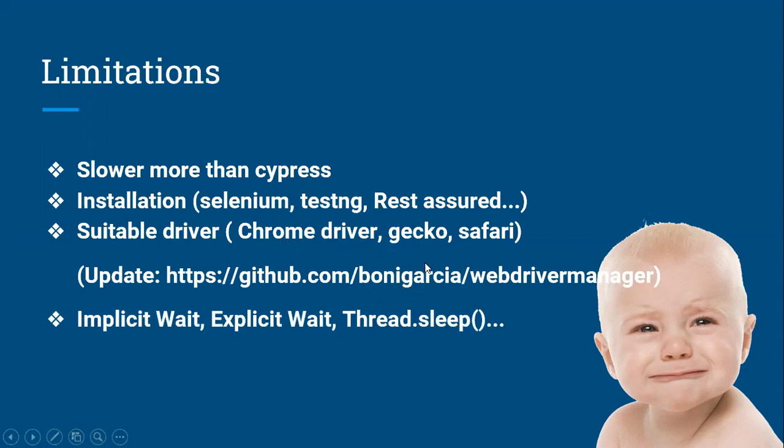So the next one, with Selenium, you have to fully understand implicit wait, explicit wait, thread sleep, right? And it has flaky tests. I mean, the test script is unstable, right?